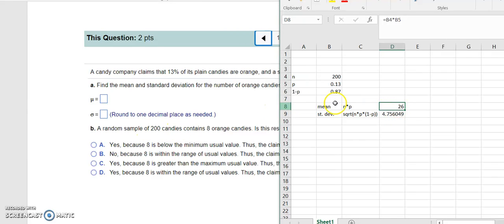So 8 is about 18 points away from the mean, which is more than 3 standard deviations away from the mean. Almost 3.5 standard deviations, maybe even 4. So it's pretty far from the mean.